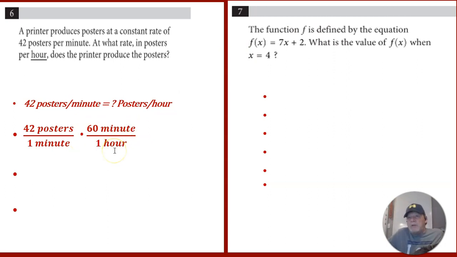And here is where some of my students, when I was teaching in brick and mortar, struggled. You're multiplying by something that's going to cancel your units. So I've got to have minutes in the numerator because I have minutes in the denominator. And since I want per hour, my answer has to be posters per hour. So I put 60 minutes over 1 hour, and Trey, my 4-year-old Tomcat, just jumped past the screen.